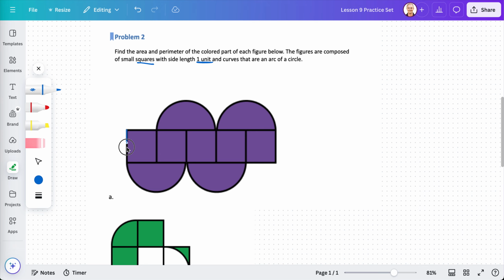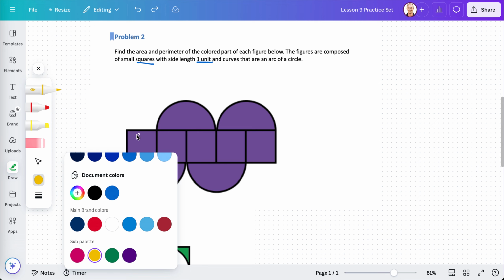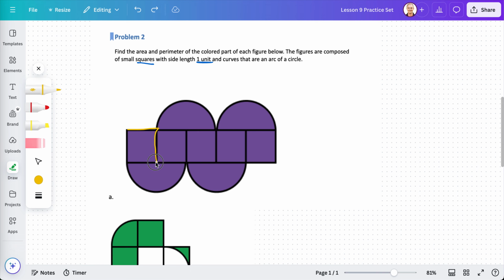Okay, so each of these squares is 1 by 1 by 1 by 1.